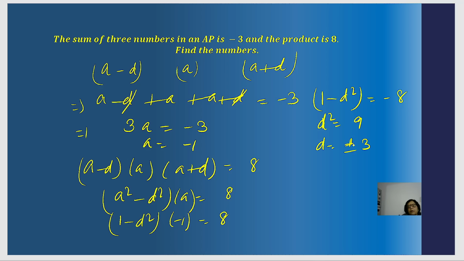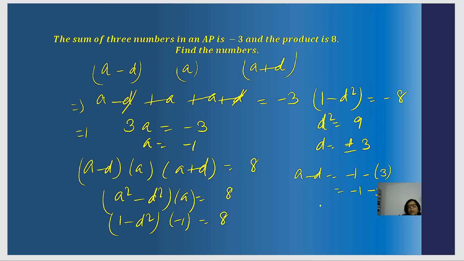Now, when we are choosing the terms, we cannot opt out with plus or minus 3. We have to take both of them into consideration over here. So, if we now take the terms a minus d, a and a plus d, the second term is negative 1. If I take the common difference as plus 3 over here, in that case, the first term a minus d will become equal to negative 1 minus 3, that is minus 4.